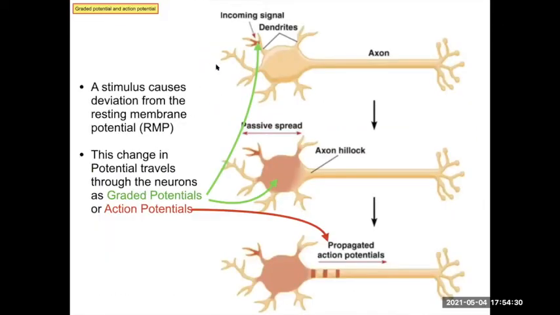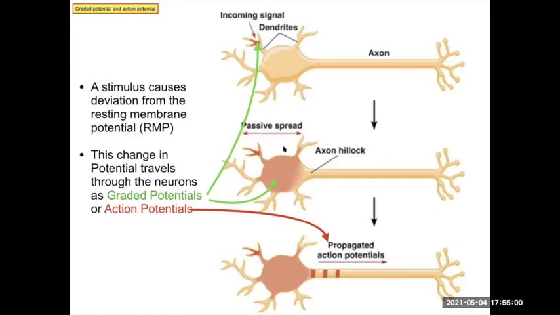All right, so when we're talking about the resting membrane potential, next we're going to talk about disturbances in that resting membrane potential. So you have some kind of stimulus, maybe an incoming signal from another neuron. This is going to change that resting membrane potential in some way, and it's going to be considered a graded potential.